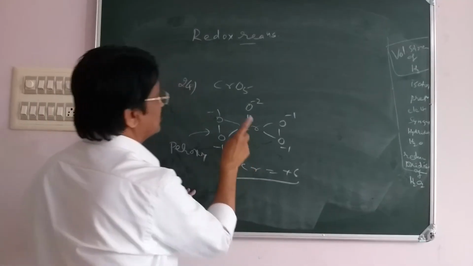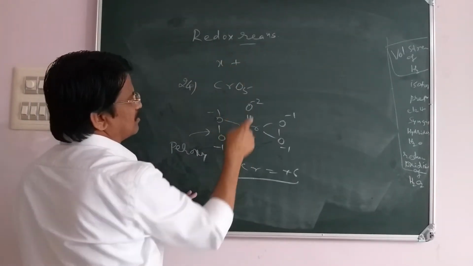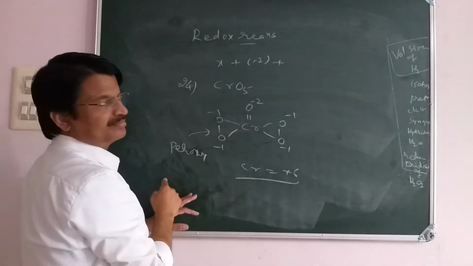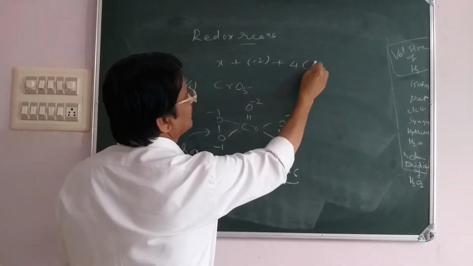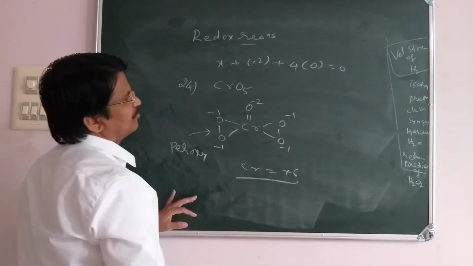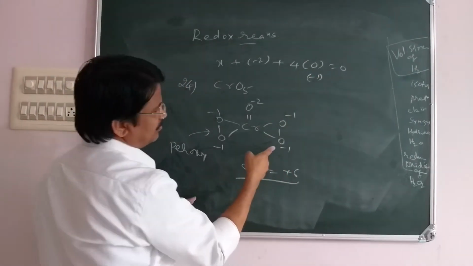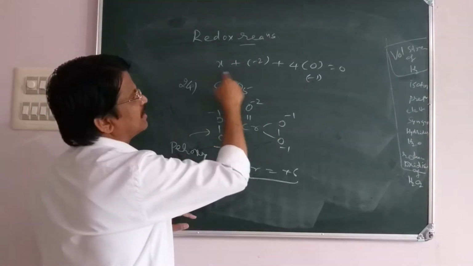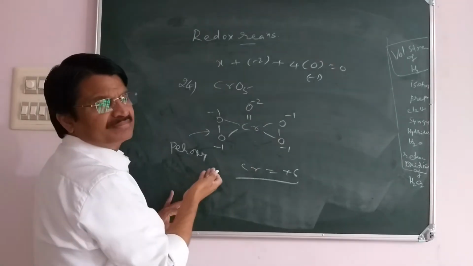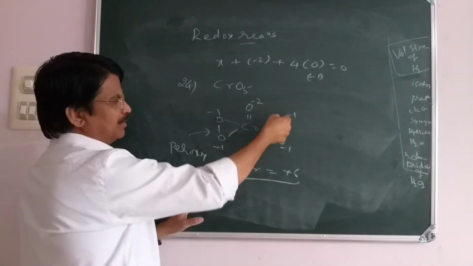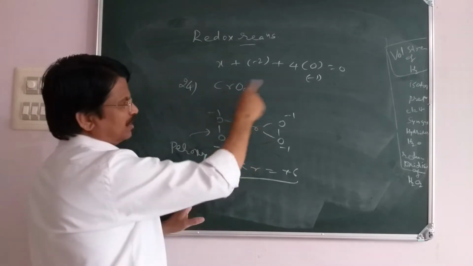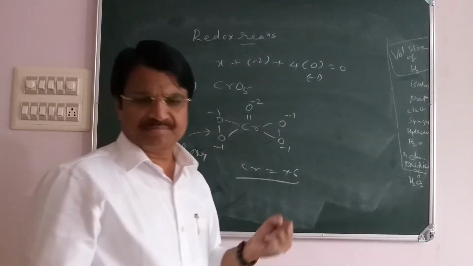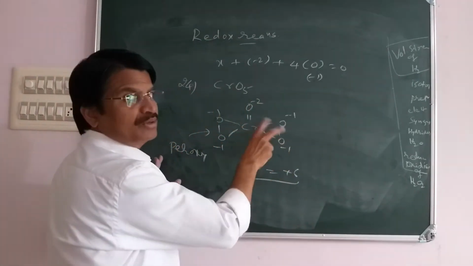Otherwise, we can write like this: x plus 1O at -2 and 4O equal to 0. But these 4O are -1, 1O -2, and x equal to, again we get the same answer. That's why I told you in short, -1, -2, total -6, this one +6. So if you draw the structure, there is a peroxy structure, then you can answer.